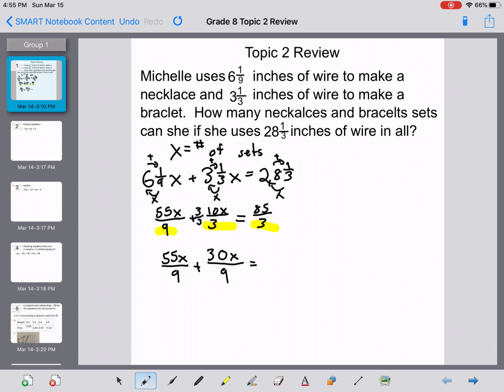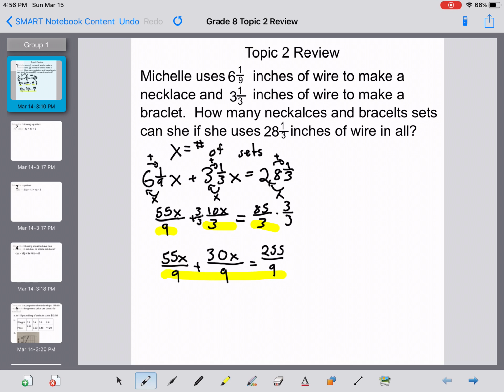And then I can do the same thing with my other fraction. 85 over 3, I can multiply by 3 over 3. 85 times 3 is equal to 255 over 9.